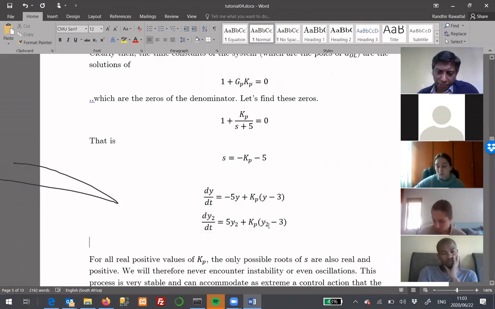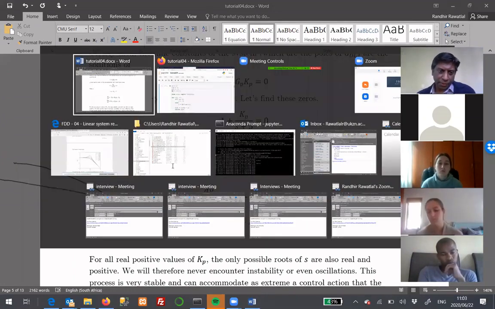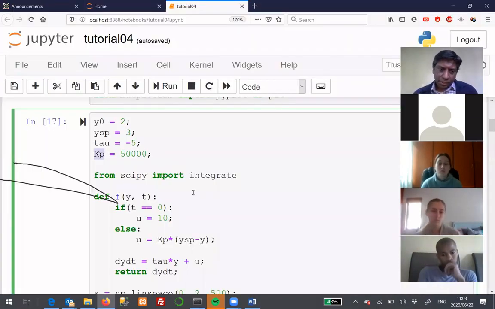And here we are trying to control that with the same proportional controller. So here we are applying proportional control, and we are trying to get the system down to this value of 3. And let's see if we can do that. So now instead of our constant being minus 5, it's a plus 5.